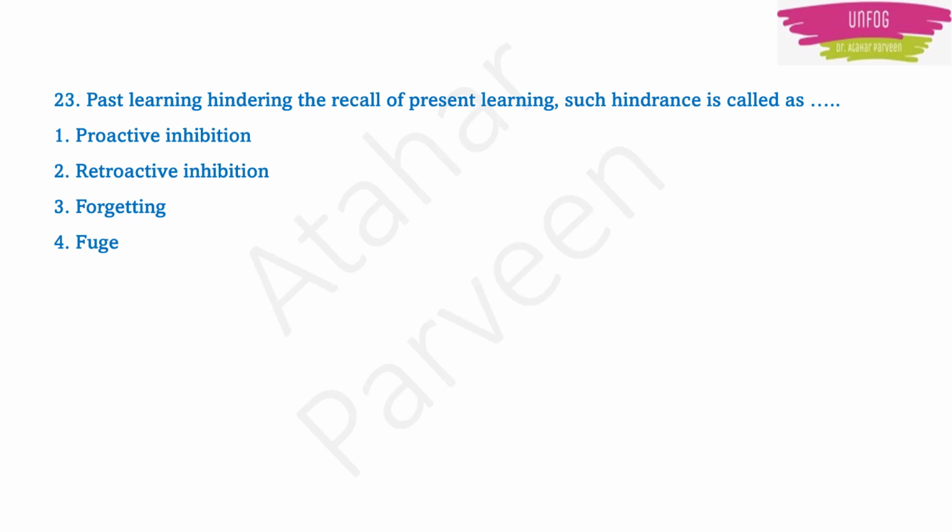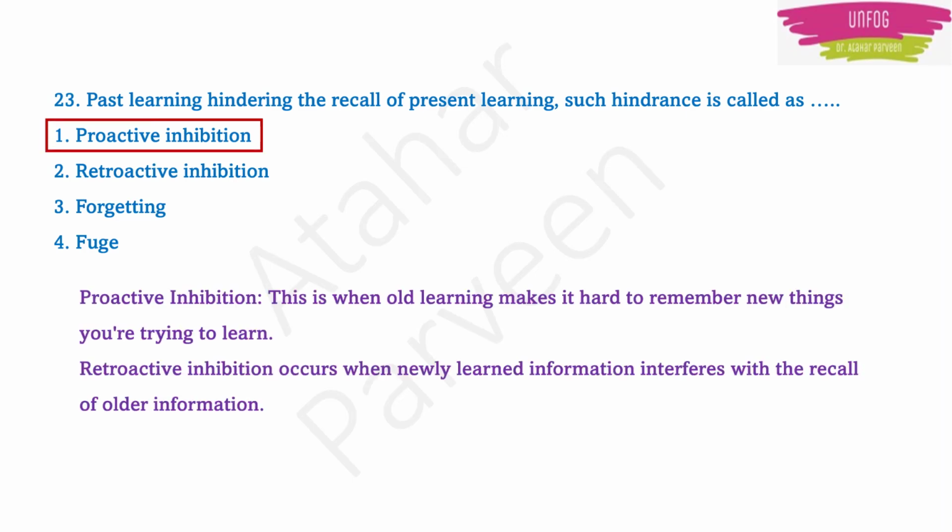Such type of hindrance is called as, and the four options they have given are: proactive inhibition, retroactive inhibition, forgetting, fugue. The correct answer is proactive inhibition. In proactive inhibition, our old learning makes it tough for us to remember new things.